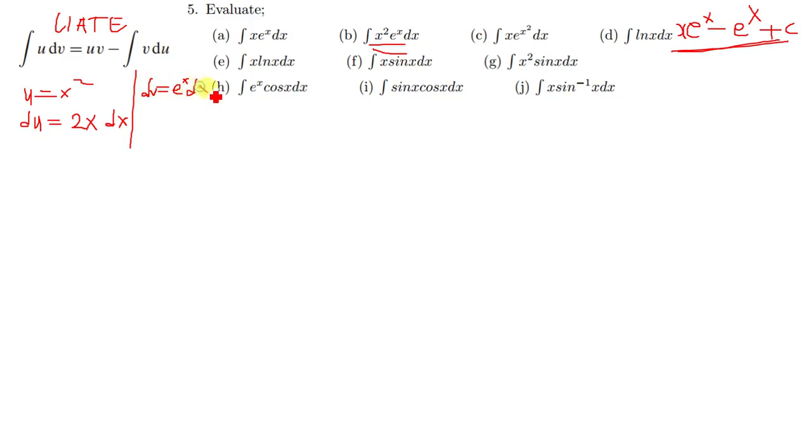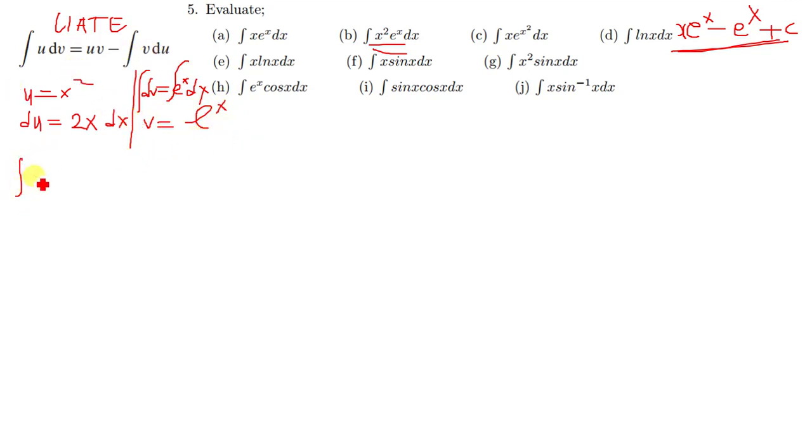That is my dv. So from there we can find v by integrating both sides. When you integrate both sides, we're going to have v being equal to e to the power x. Yeah, so we can now use our formula there.